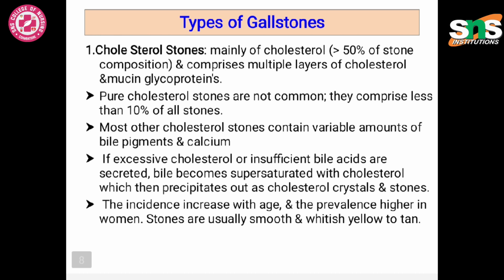If excessive cholesterol or insufficient bile acids are secreted, bile becomes supersaturated with cholesterol, which then precipitates out as cholesterol crystals and stones. The incidence increases with age and the prevalence is higher in women. Stones are usually smooth and whitish yellow to tan.